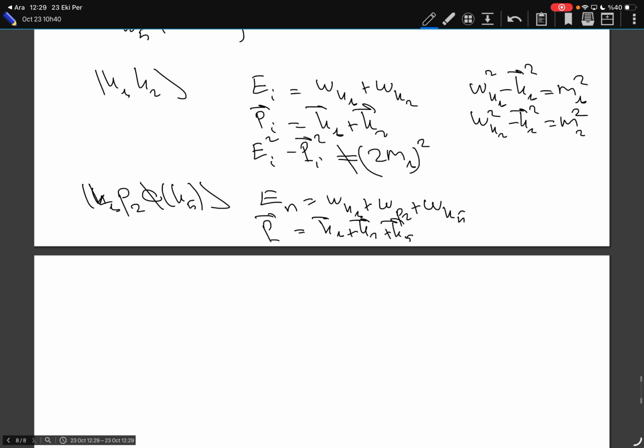For each one of these particles, I have omega k1 squared minus k1 squared is equal to m1 squared. Omega p2 squared minus p2 squared is equal to m1 squared. Omega k5 squared minus k5 squared is m2 squared.